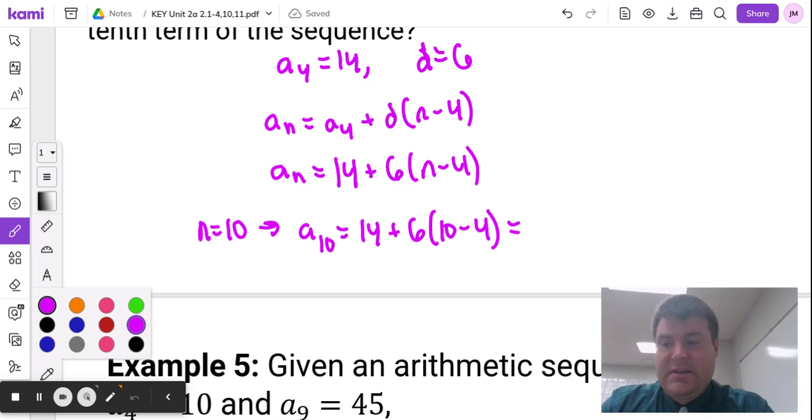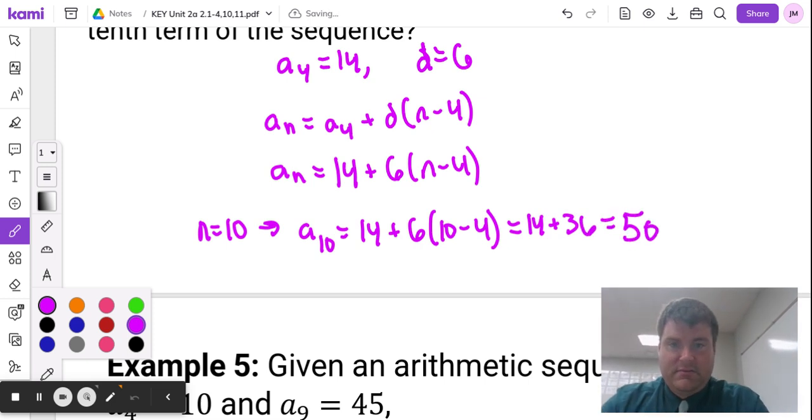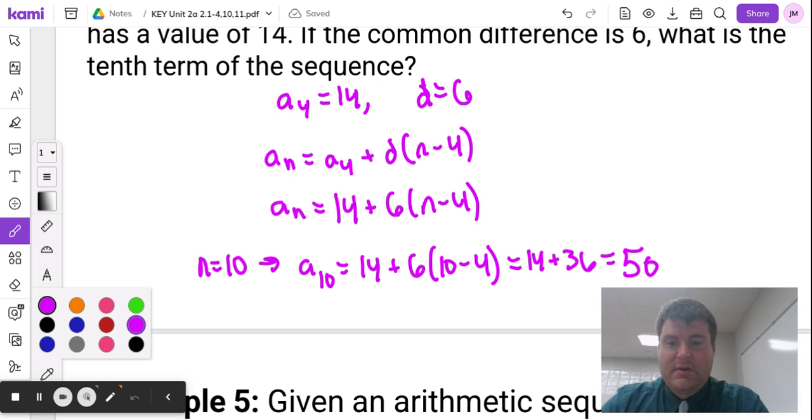That is 14 plus 6 times 6, which is 36. It gives me an answer of 50.